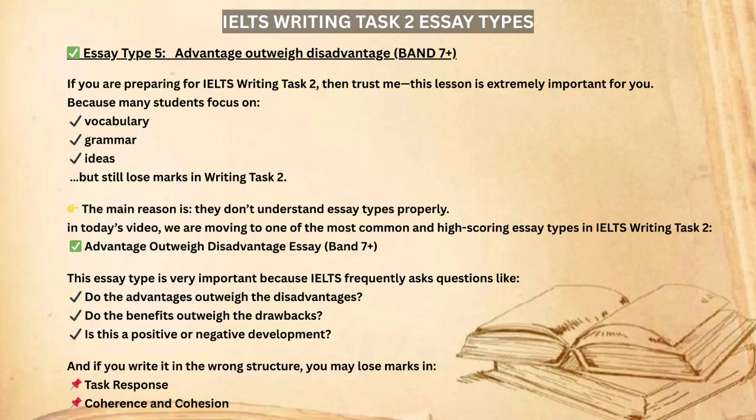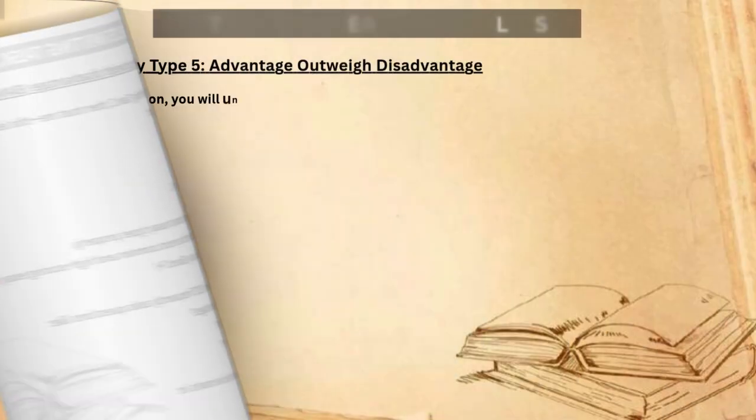Do the benefits outweigh the drawbacks? Or is this a positive or negative development? And if you write in the wrong structure, you may lose marks easily. So in this lesson, I will teach you the correct band 7+ structure step by step.